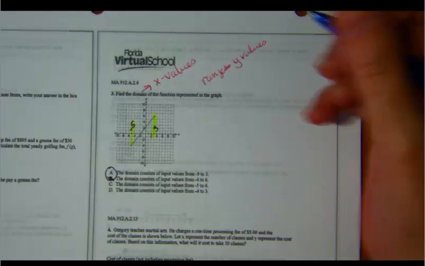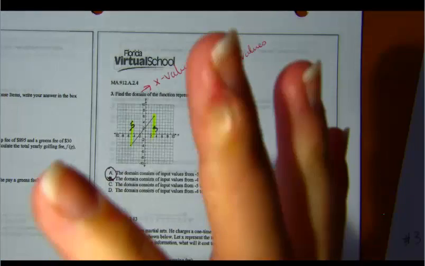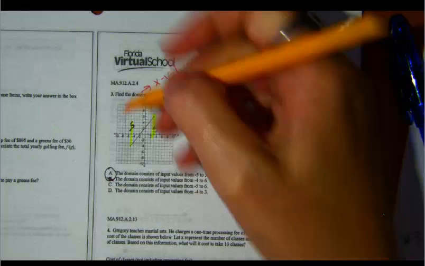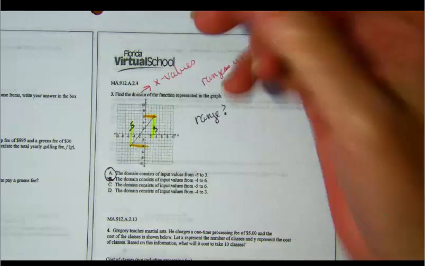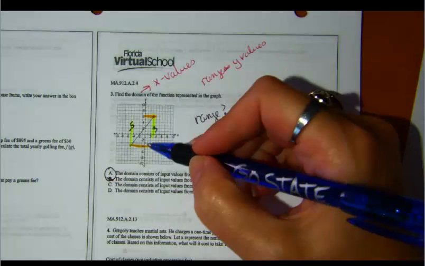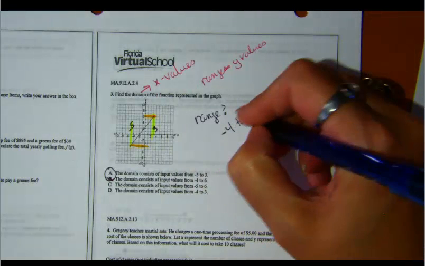Now, if you were asked to find the range, let's just say hypothetically, we're finding the range now. We would look at the y's. So how far up and down it goes. So it goes from -4 on the y to 6.